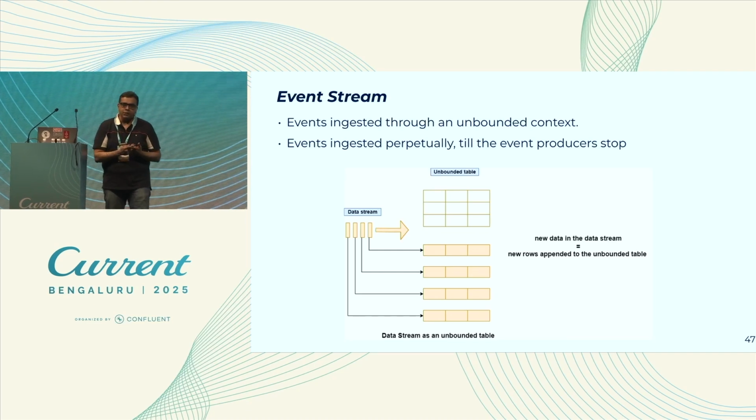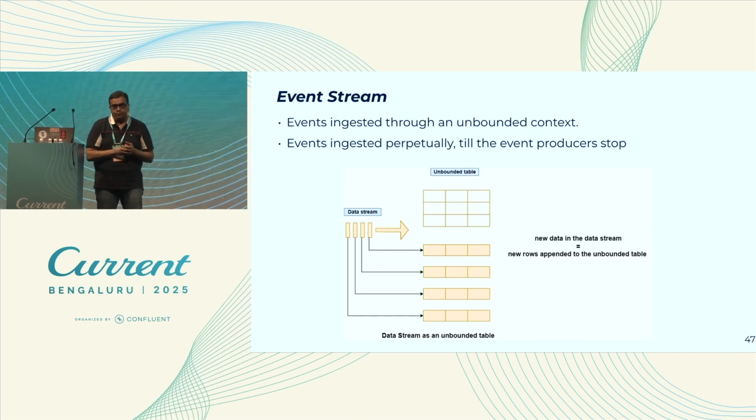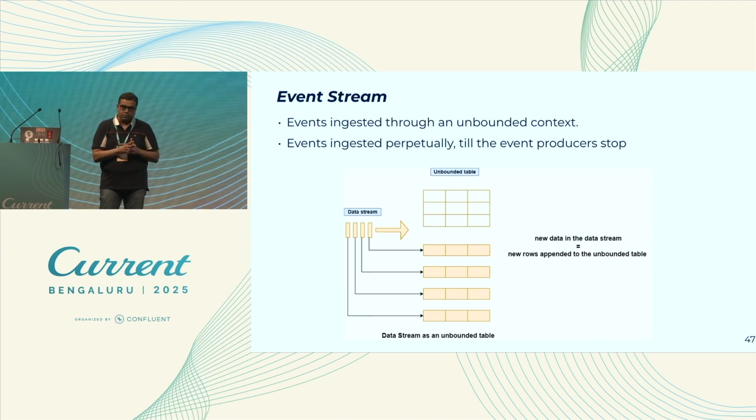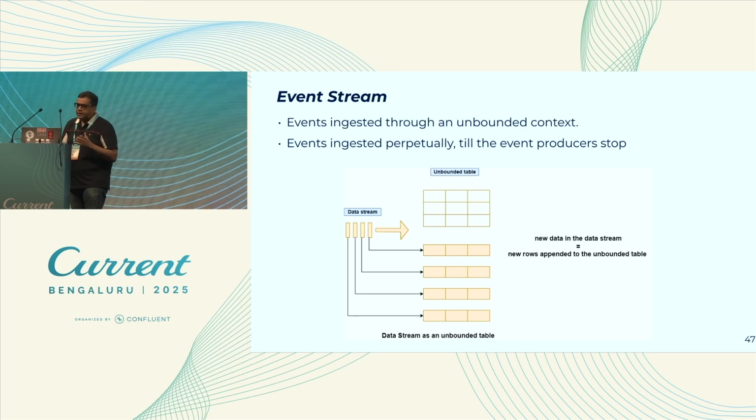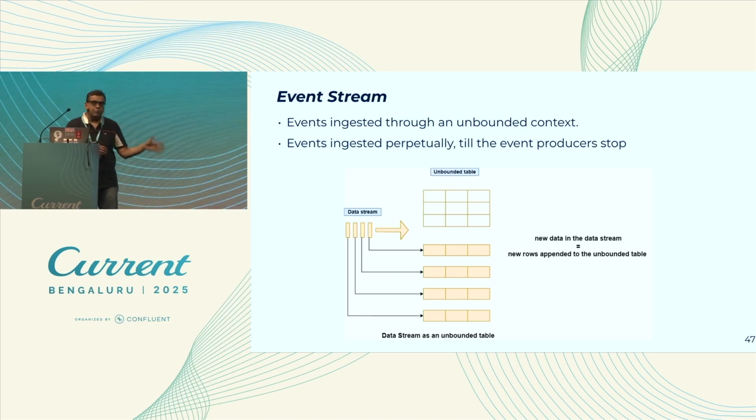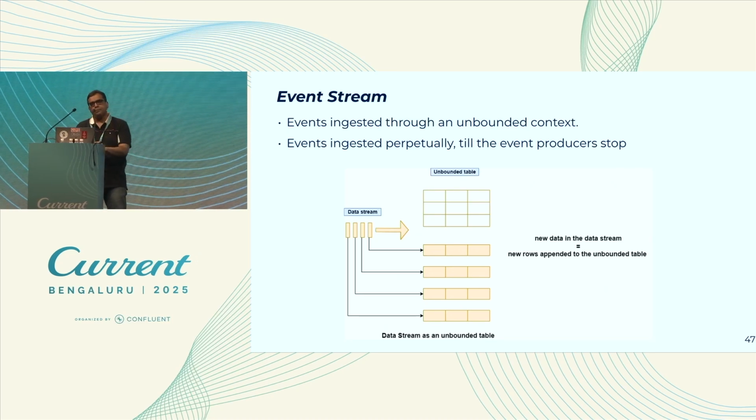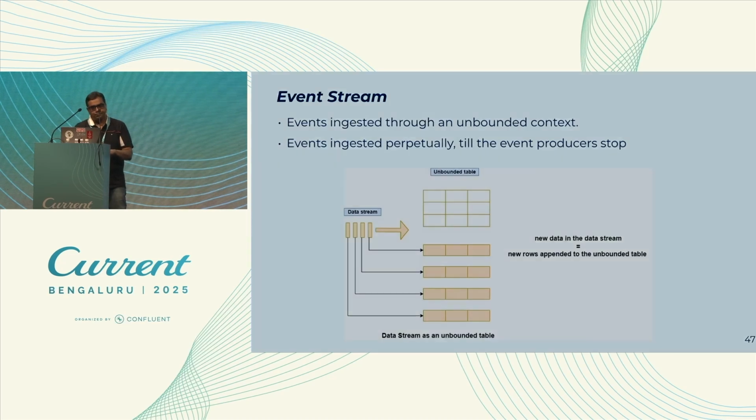In a database table, you could do a select count star maybe 5 times, and there's a 90% chance that you would get the same result. But you won't get that in a stream, because the result keeps on changing, right? So events are ingested perpetually till you stop the producer or till the processor goes down, right?